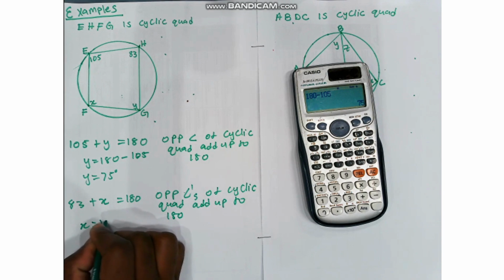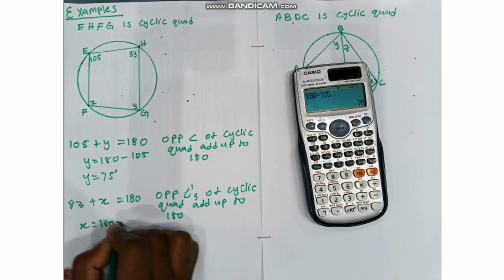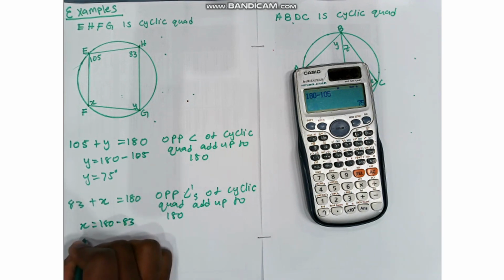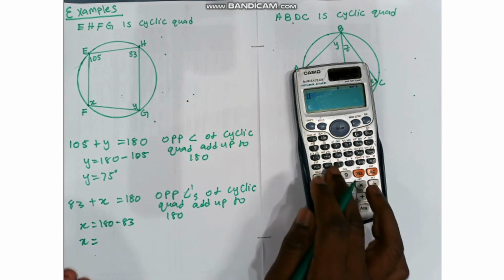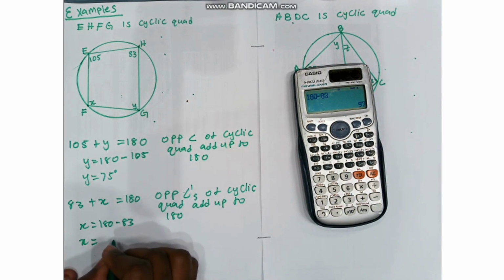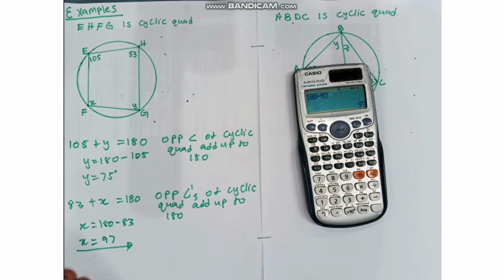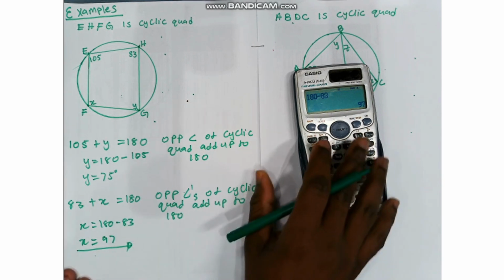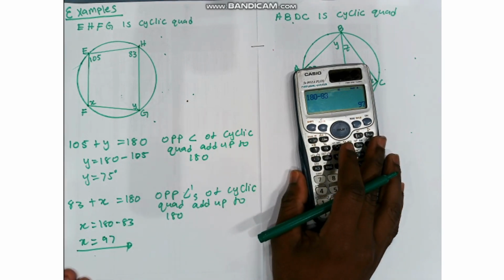X is equal to 180, 83 to the other side, minus 83. X is equal to 180 minus 83, and it's 97. Then this is our answer. I hope you understand it, guys.